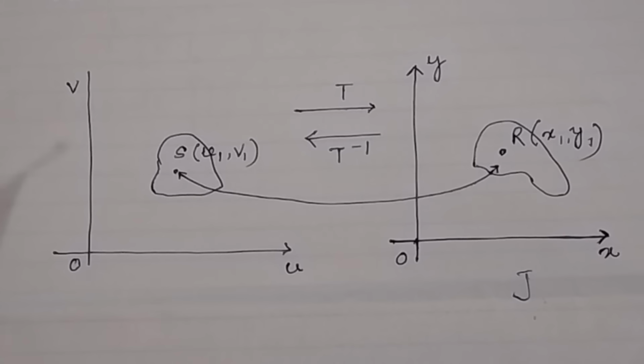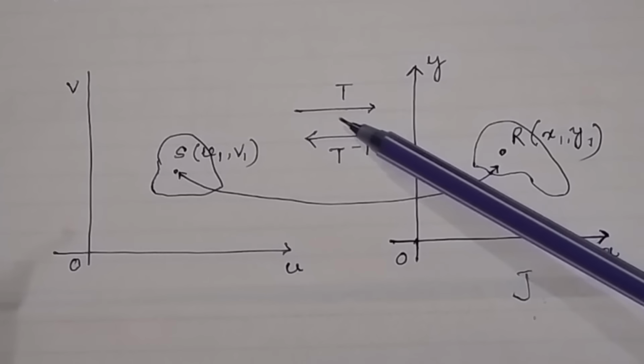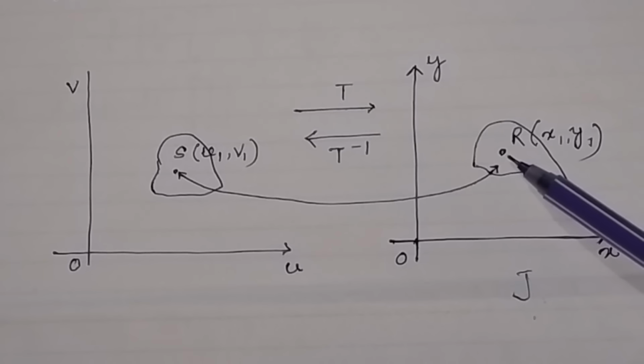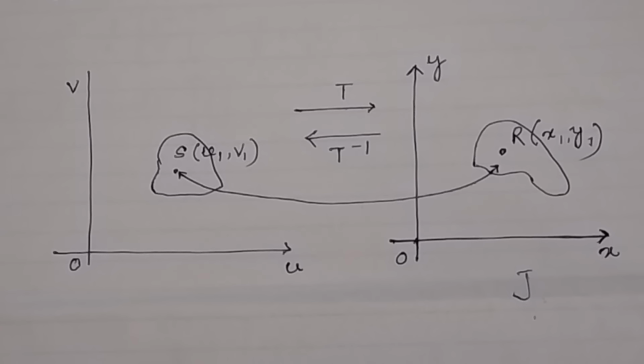Thus, Jacobian matrix or Jacobian determinant or simply Jacobian is the determinant of all first order partial derivatives of the transformation function. When you transfer the function, we take the first order derivative. So Jacobian is the determinant of the first order partial derivatives of the transformation function.